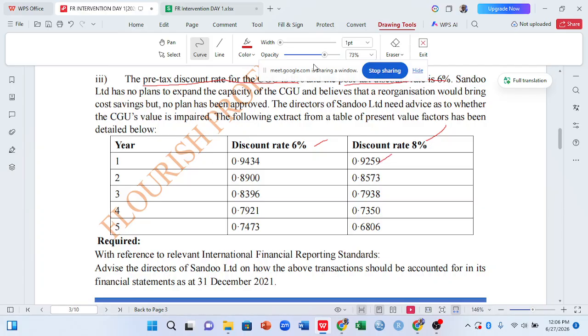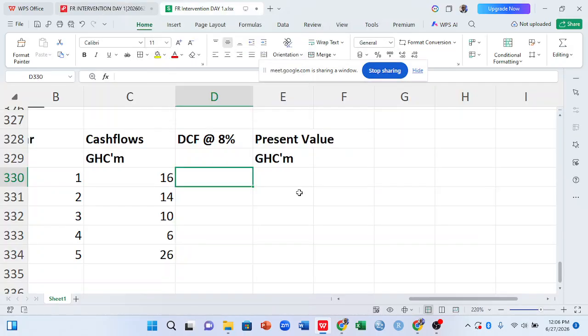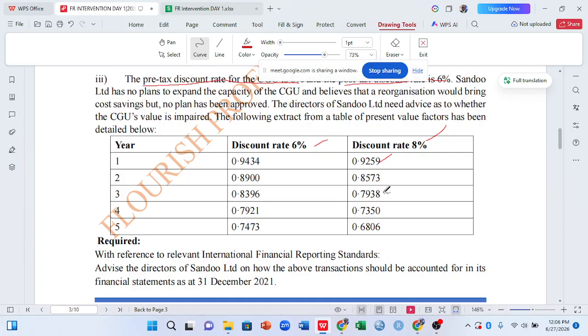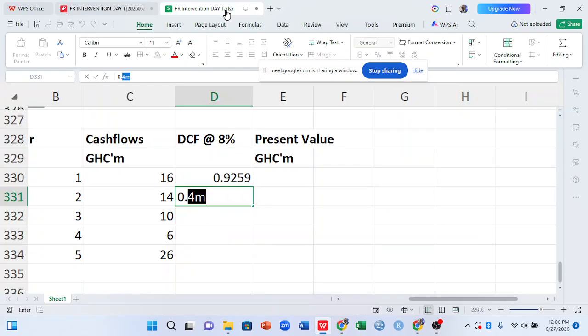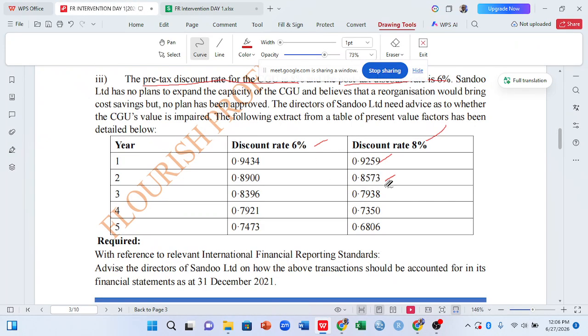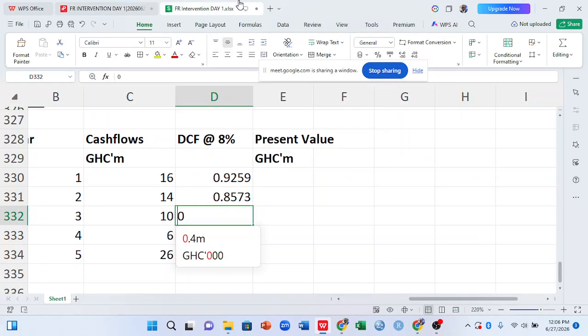This is 0.9259. Then next one is 0.8573. Then next one is 0.7938.